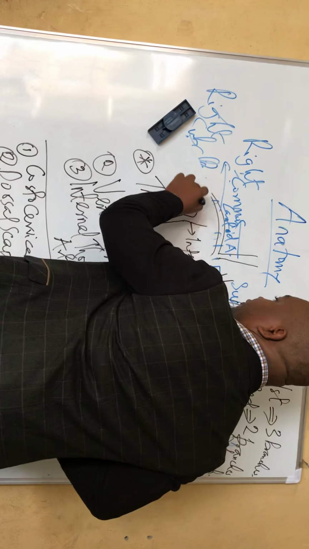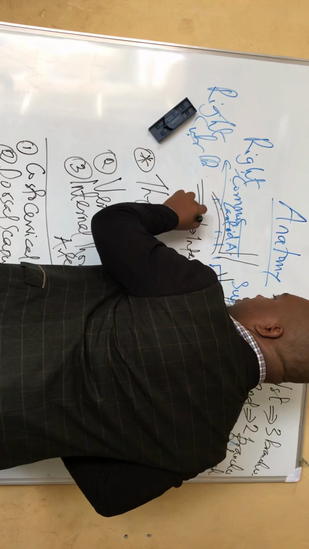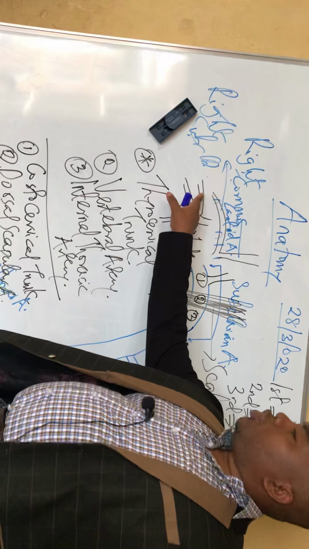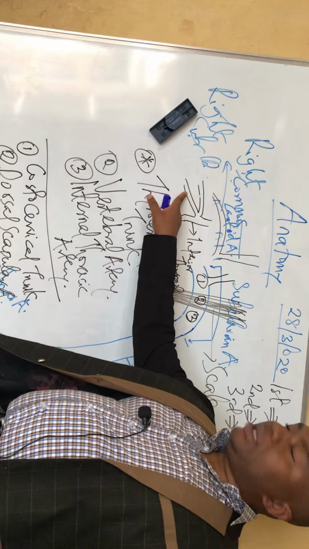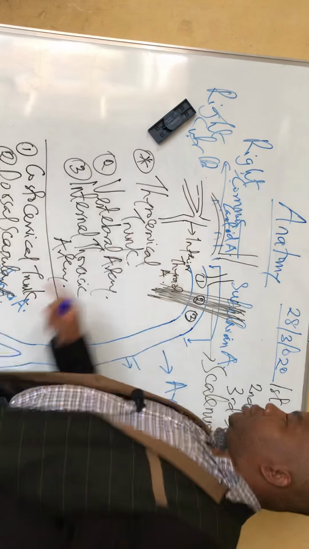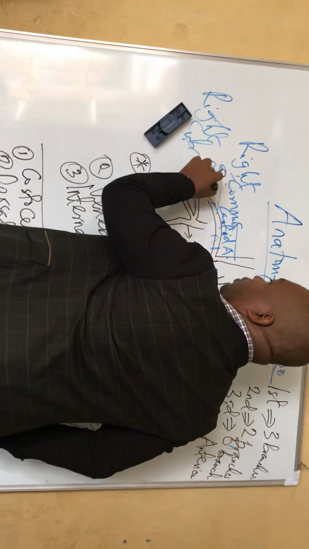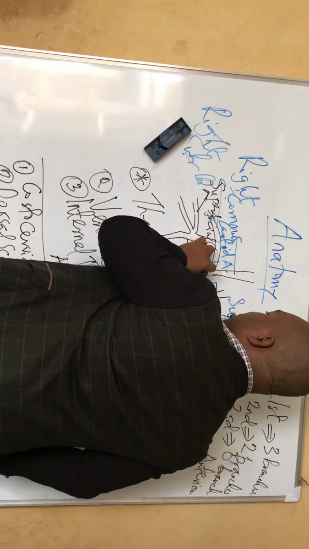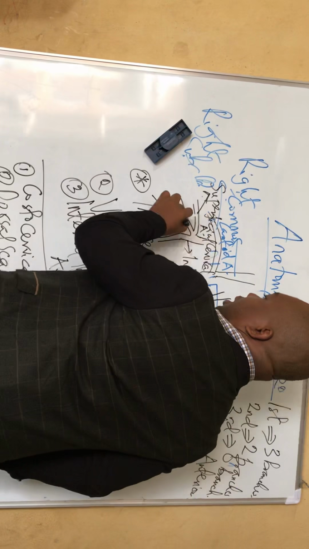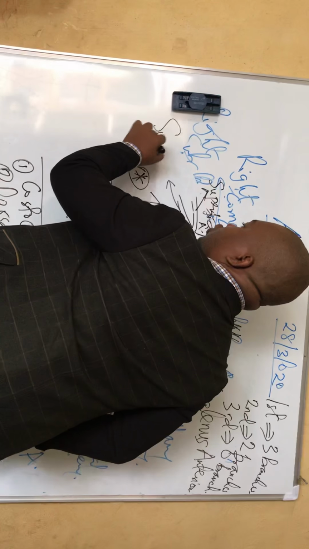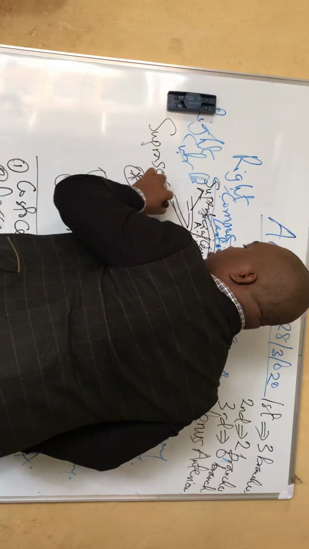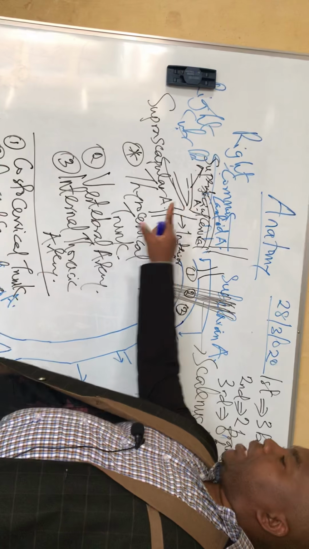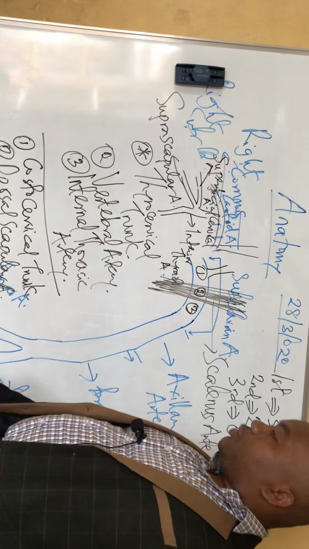It will also have 2 other branches, which we refer to as the superficial cervical artery and the suprascapular artery. So this is the complete set of branches coming from the thyrocervical trunk.